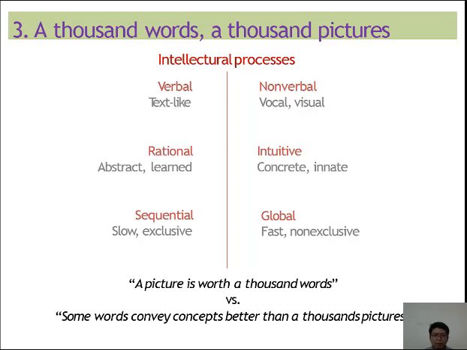So deciding which one to use is an important step. Sometimes a picture is worth 1,000 words, and sometimes some words convey concepts better than 1,000 pictures. So please decide.